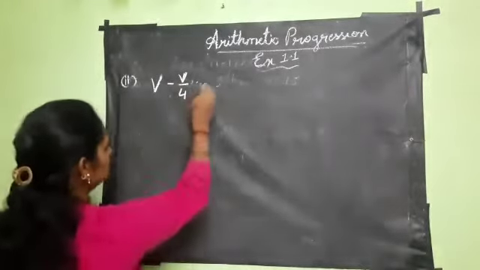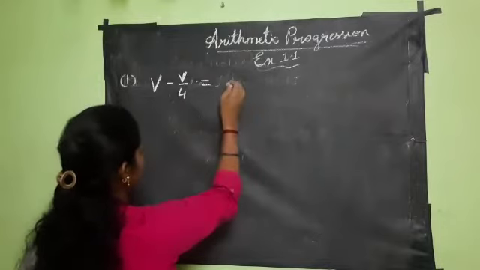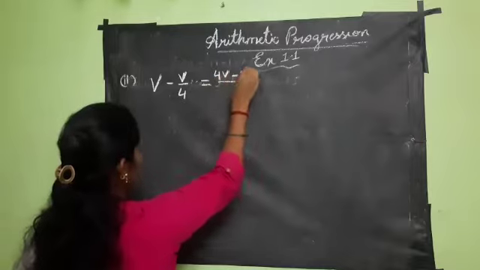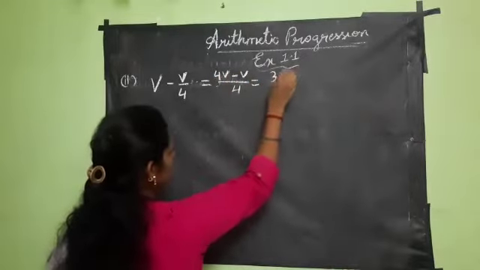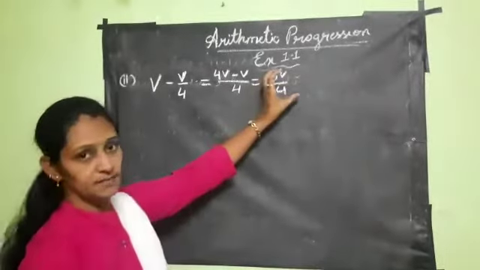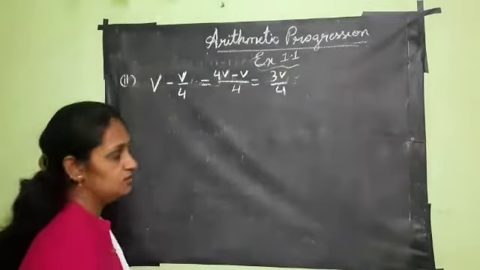So, this is equal to. So, 4 will be the LCM here. 4V minus V. What do we get? 3V by 4. Now, this is the volume present after removing 1/4 of V from the whole volume.